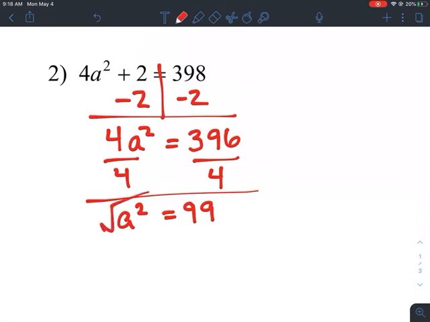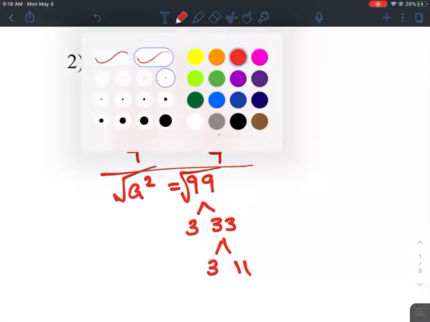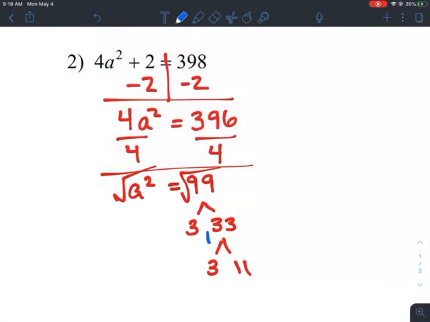So the next thing I'm going to do is take the square root of both sides. Now 99 is not a perfect square, so I'm going to break it down. I can't divide by 2, so I'm going to divide by 3. I'll get 33, and then I can divide by 3 again, and I get 11.